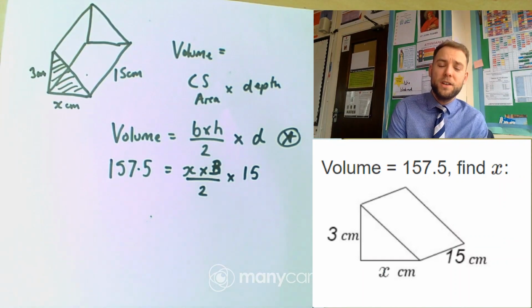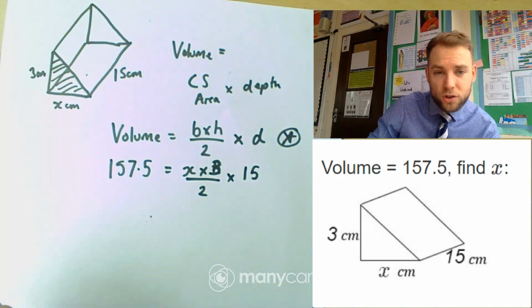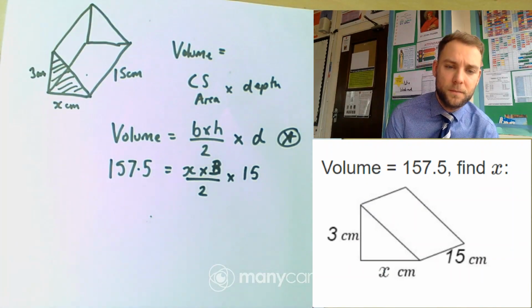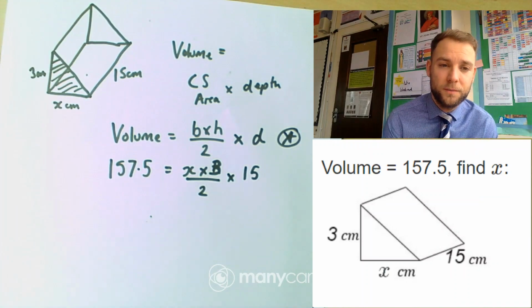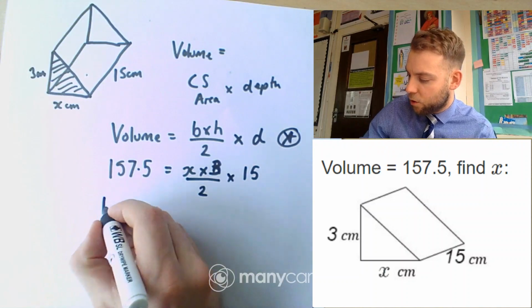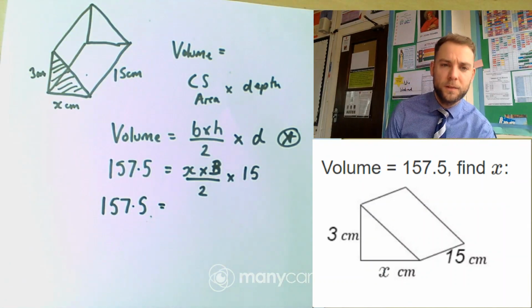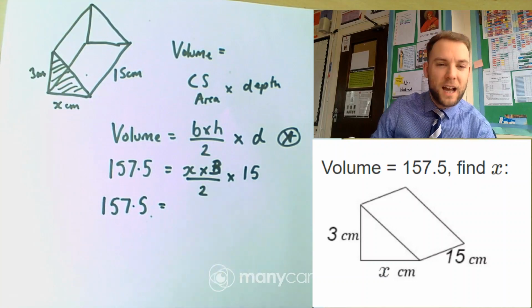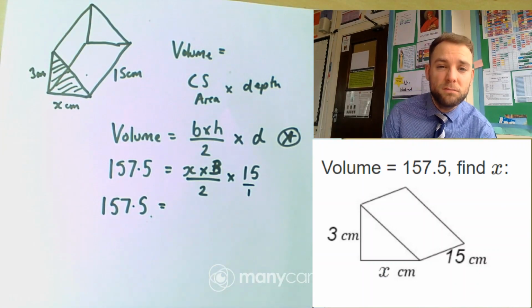Now, there's 2 ways you can do this. You could either simplify this left-hand side now, or you can start working backwards. I think the best thing to do is to simplify it first. Okay? So here I've got 157.5, which is equal to... Now, I've got 15 times by a fraction. So another way of thinking about this is kind of 15 over 1.